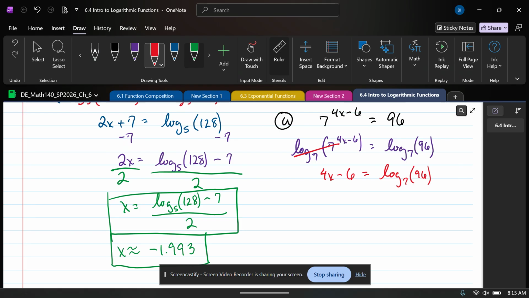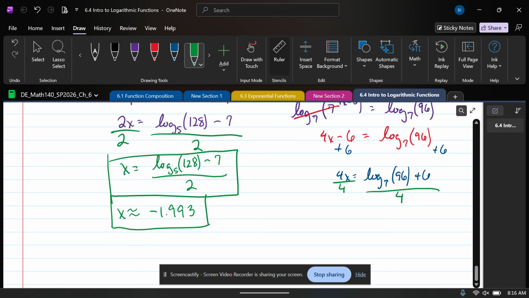What's next? Yeah, plus 6. We got 4x is equal to log base 7 of 96 plus 6, and then one more step. Divide that whole side by 4, both sides by 4, really.